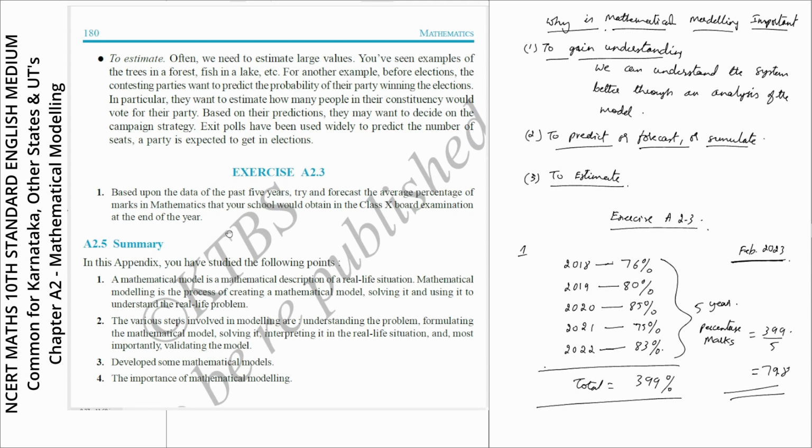This is something which I am predicting will happen in the future. In this problem I have taken some random data for the percentage of marks scored in maths. But you can check with your school records and get the actual data for the last 5 years, and then you can forecast and see what percentage of marks can be obtained in this current year.